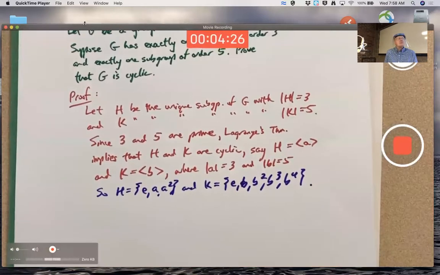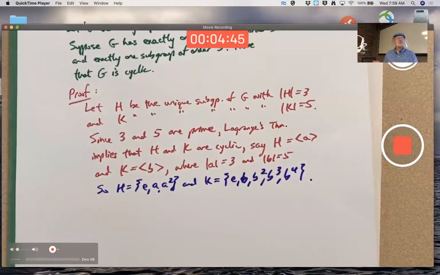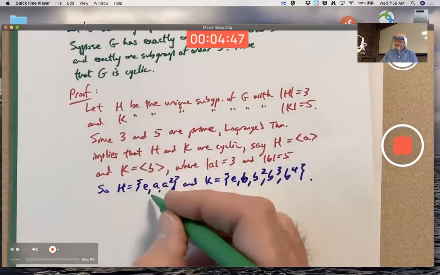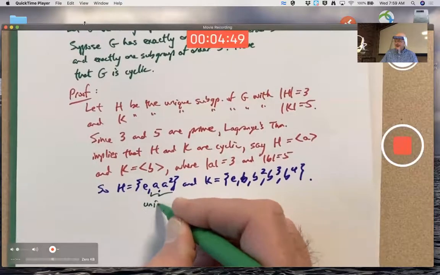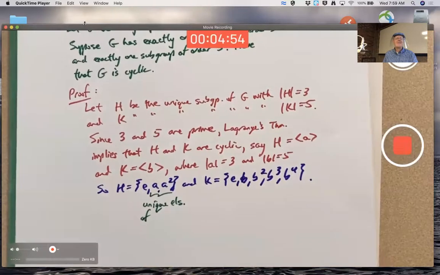There are no others. Therefore, what can you say about these elements? A and A squared would be the unique elements of what, if that's the only subgroup of order 3?